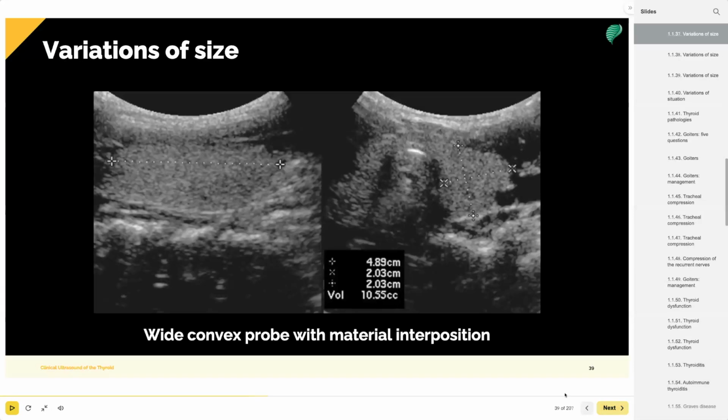Variations in size. Here we can see we're using a convex probe to evaluate this thyroid. We're using a low frequency probe, and because the thyroid gland is a little bit larger in general in terms of size, the volume is 10 cc's.